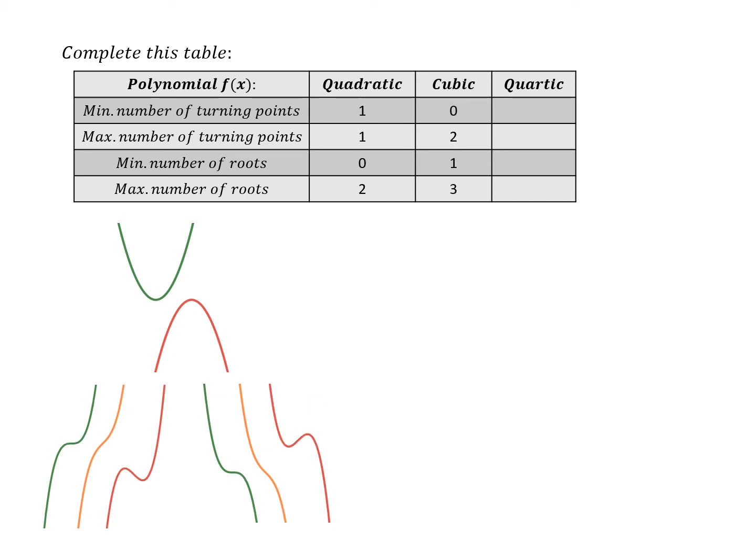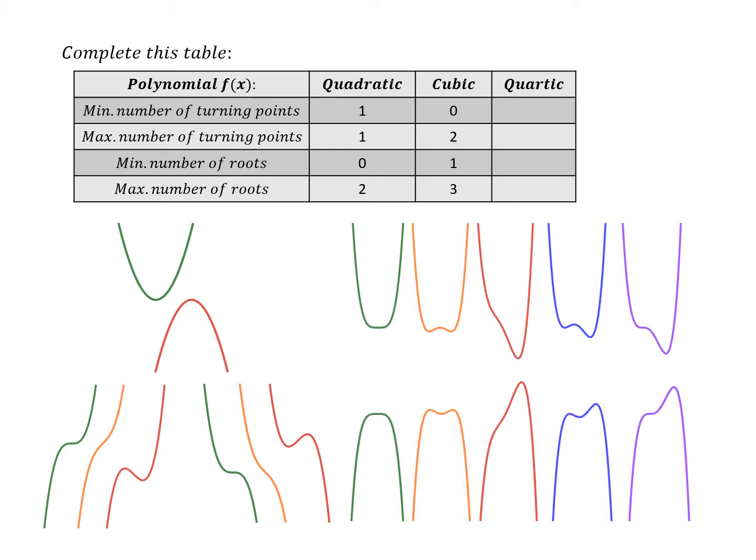With quartics, however, we've got a rather bigger variety of different shapes we can look at. So a variety of different shapes for a quartic here. The 5 at the top here are when the coefficient of x to the power 4 is positive, and the ones below where x to the power 4 is negative.